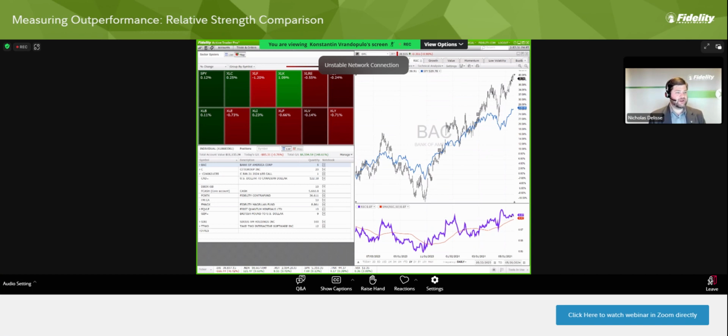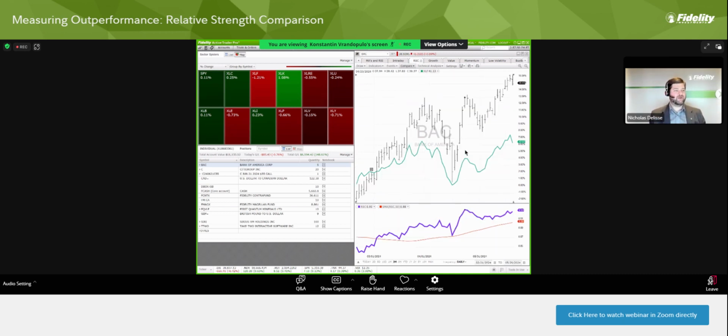So if we compare it to, let's say, XLF, the Select Financial sector, we can take a look at whether Bank of America is outperforming its sector, versus necessarily whether it's outperforming the broader market. This can give us a better glimpse on a security.